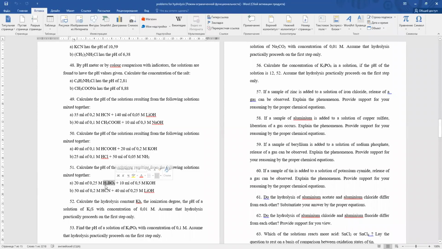This acid contains 3 hydrogen atoms. It means the process of hydrolysis can occur in 3 stages.